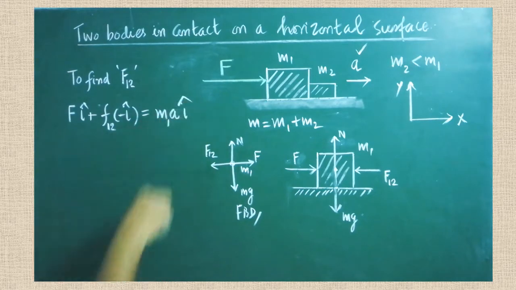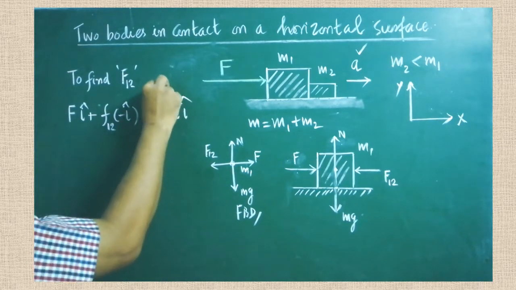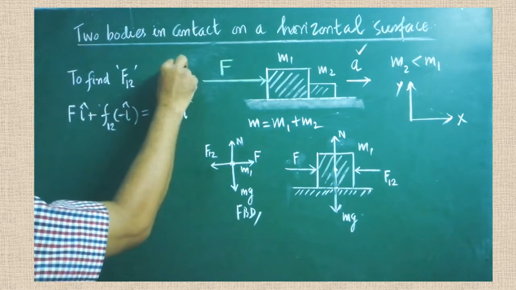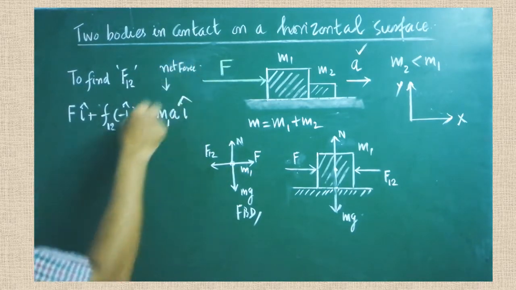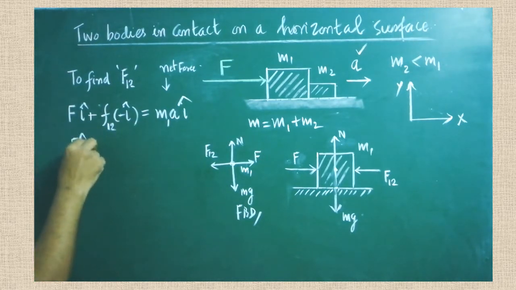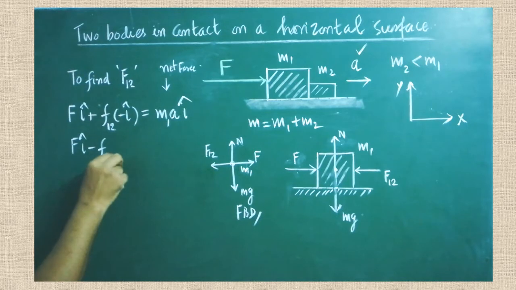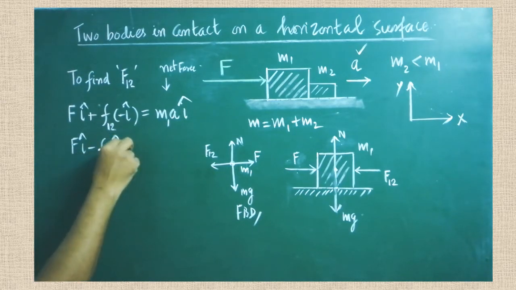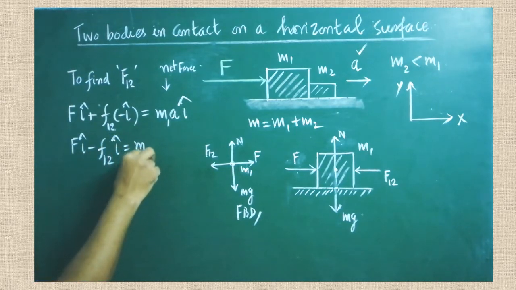Therefore, M1 A I cap can be written. This portion gives you the net force. This is from Newton's second law. Now, all the I components are to be eliminated: F I cap minus F12 I cap equals M1 A I cap.